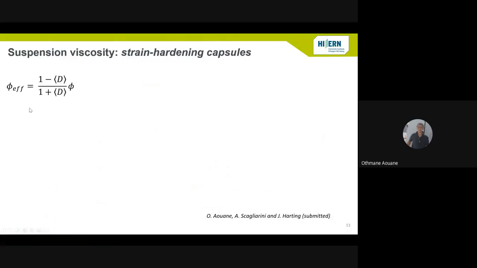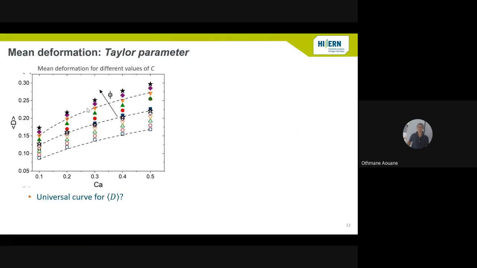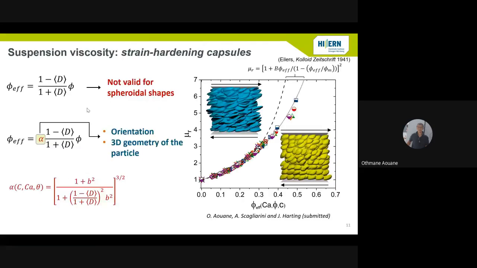So instead of using the effective velocity as defined in the paper of Luca Brandt, one can introduce a function of a variable which depends on the local inextensibility of the capsule, the capillary number, but also the orientation of the capsule.